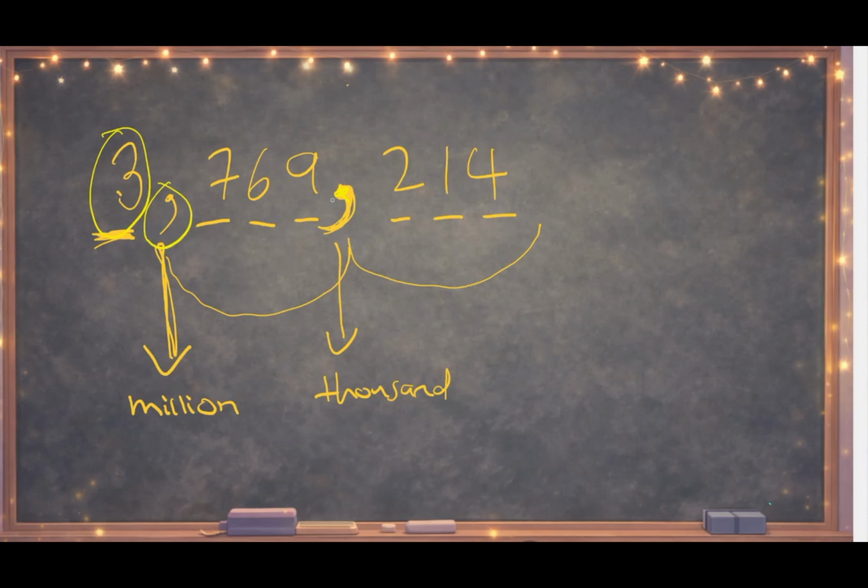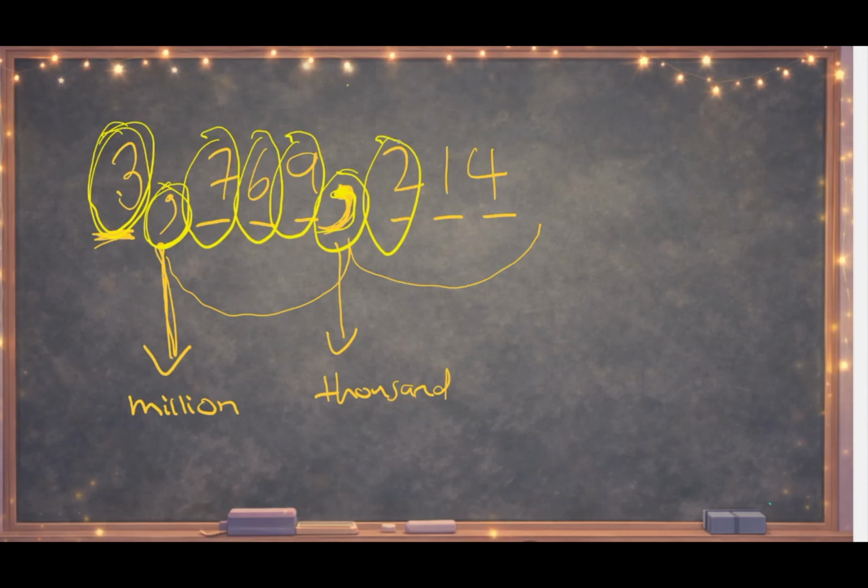And then the comma is 1,000, so we read it as 1,000. We have 3,769,214. I'm sure 3 digits you can all read it. And that's how we read a large number.